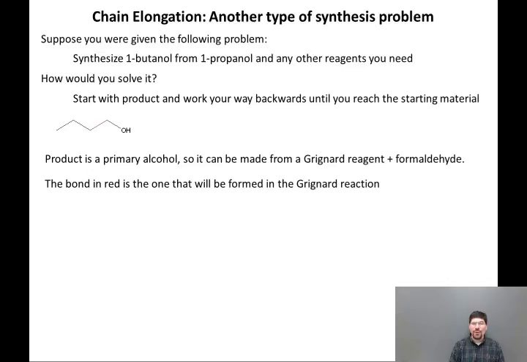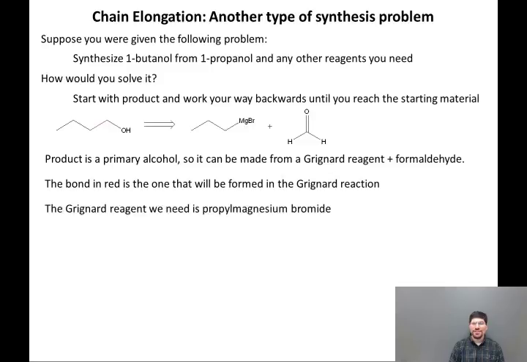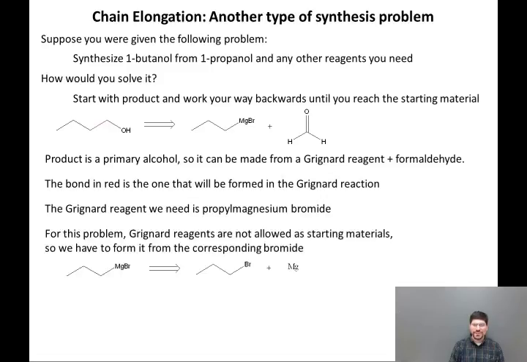So the 4 carbons of the product will come from the 3 carbons of propylmagnesium bromide plus 1 carbon of formaldehyde, and the bond in red is the one that's going to be formed in the Grignard reaction. Okay, so propylmagnesium bromide is the Grignard reagent that we need in this case.